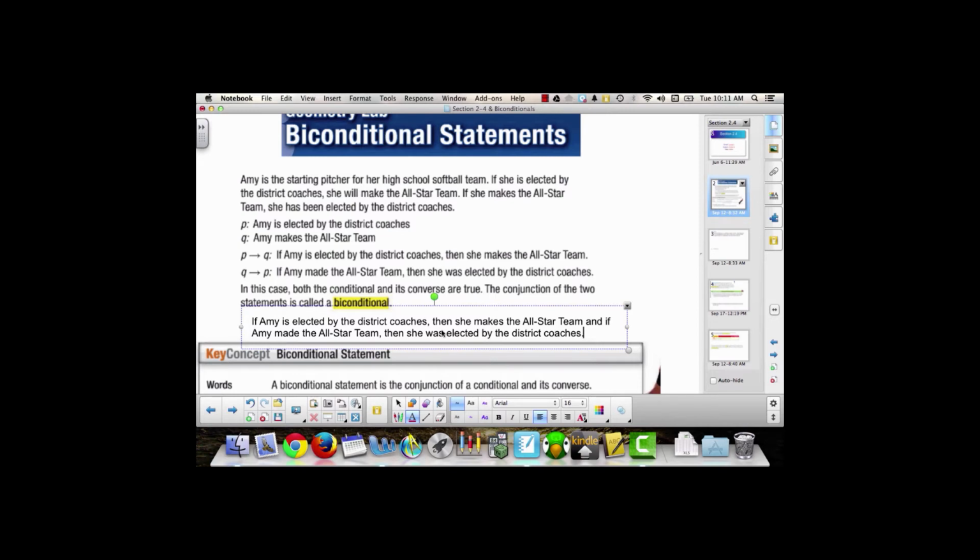This is a very long statement where P and Q are repeated twice.